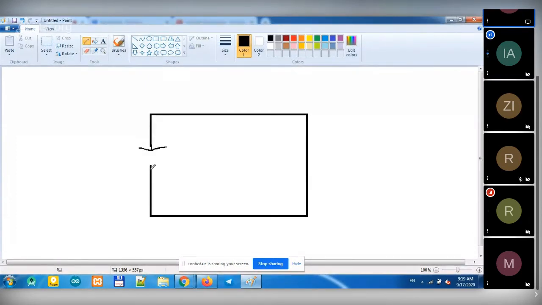This is a straight line. Let's put this. This is a battery, plus minus 12 volts. It's probably 8 amp.